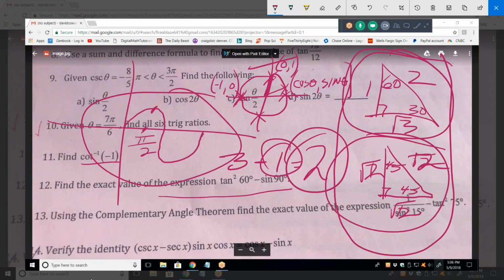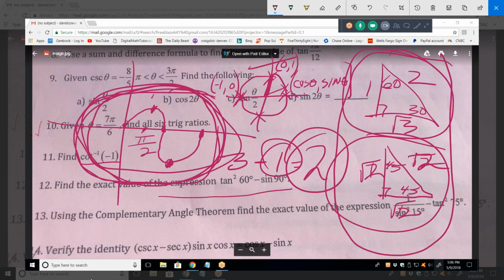But this curve is so important. I can't imagine you can really get through trig without knowing how to draw a sine curve. It starts at 0, goes up to 1, goes down through 0, goes down to minus 1, comes back to 0.